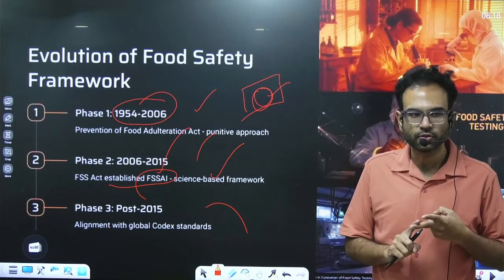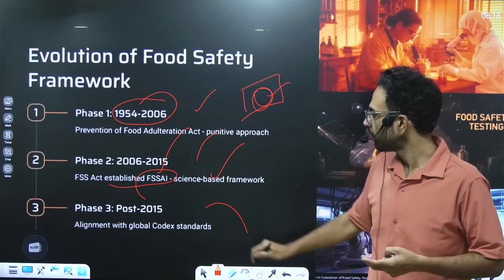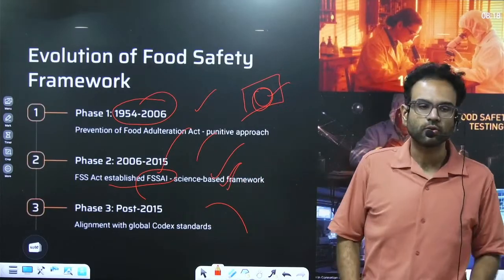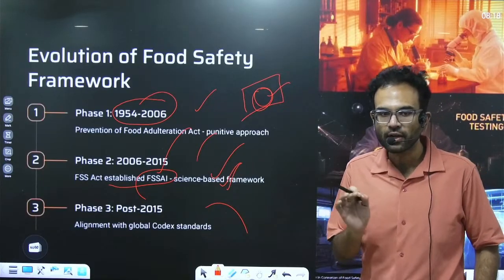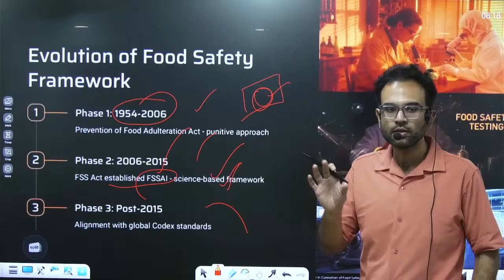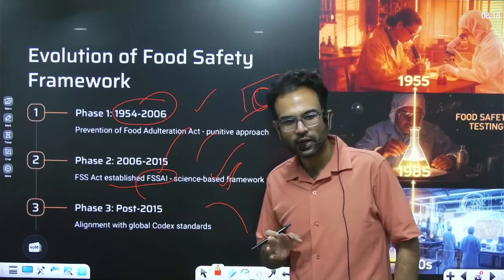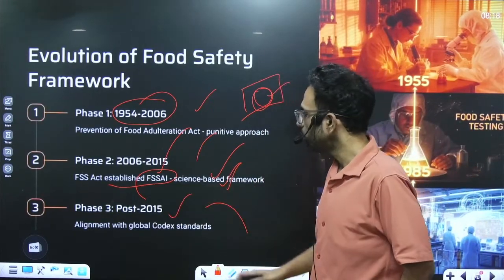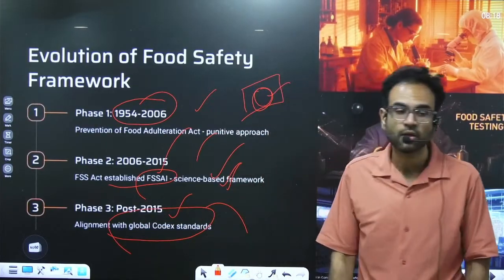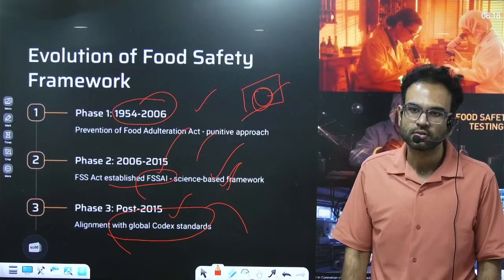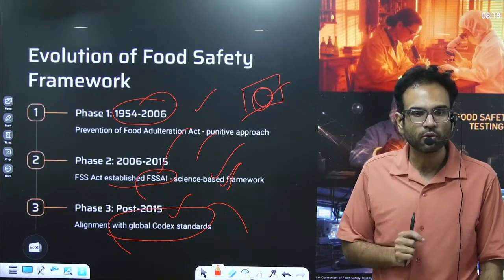Now we are focusing on those areas. How much fat percentage? What kind of oil is being used? What are the problems of using this kind of food items? And post 2015, there is an alignment with global standards, which is important for our export incentives also.